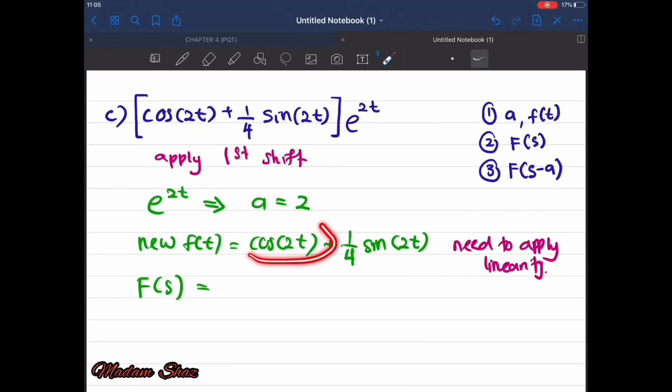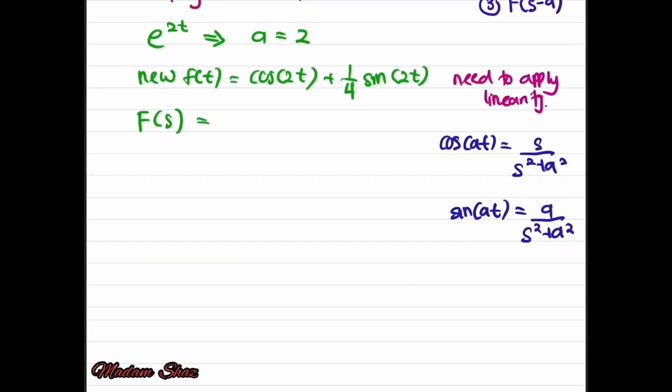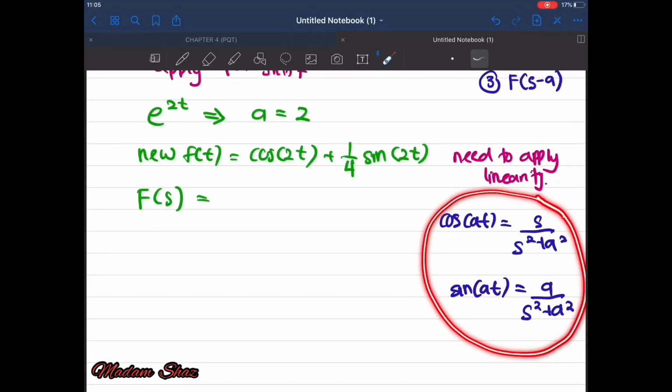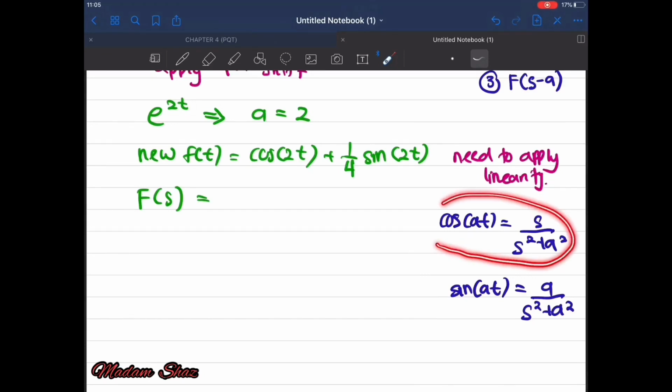So for the cos 2t, refer to the table of the Laplace transform. From the table, we have cos at is equal to s over s square plus a square, and sin at is equal to a over s square plus a square.